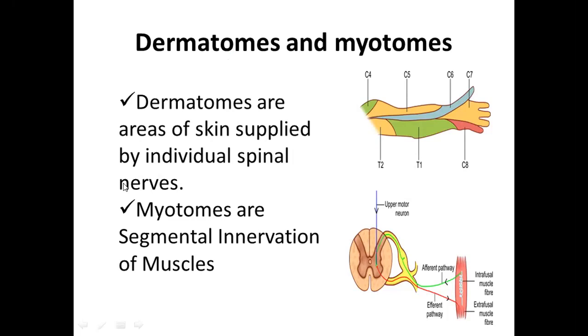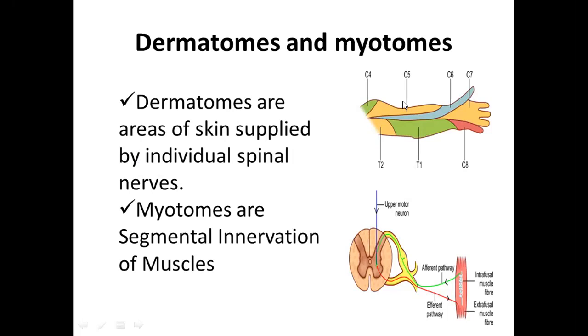Again, if we take the journey of one spinal nerve, say cervical segment 4 or cervical segment 5, after formation of the nerve trunk and division into ventral and dorsal rami, we find the ventral rami of this segment supply specifically this area of the upper limb.